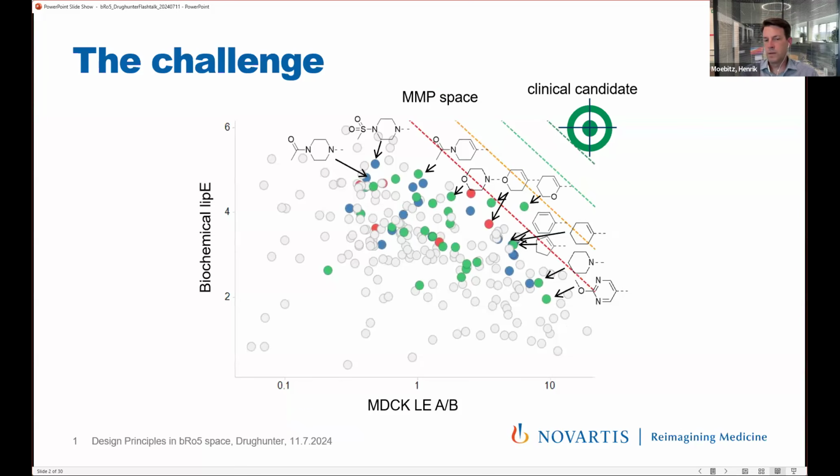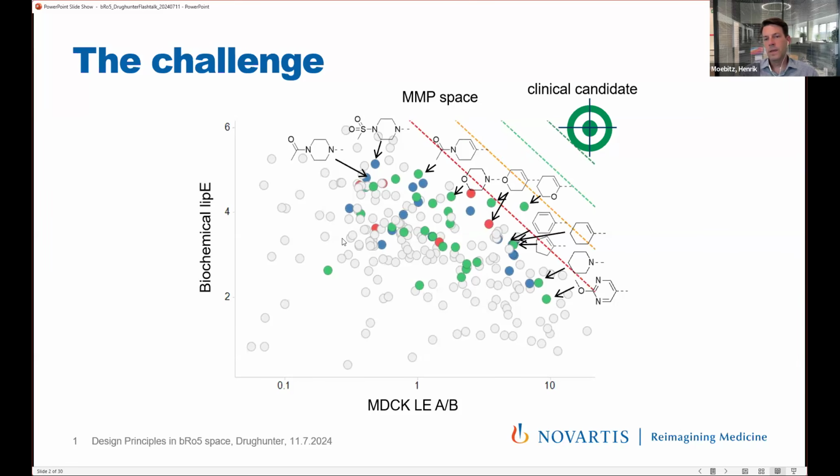So for an oral drug, you need three things: permeability and solubility for absorption, permeability to get into the cell, because most targets are cellular, and potency on the target to get an effect. This plot here, which I call the LO map, combines all of these three parameters. So you have permeability on the x-axis and biochemical LipE on the y-axis. And this is a snapshot from an early stage of our optimization, prior to LO, with molecular weight already in the mid 550s.